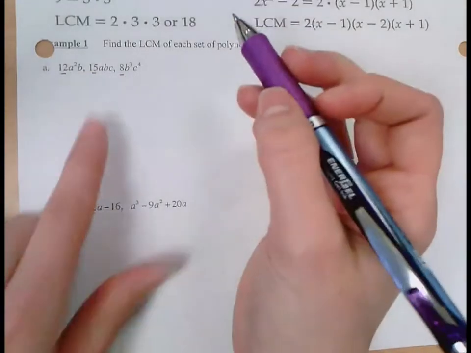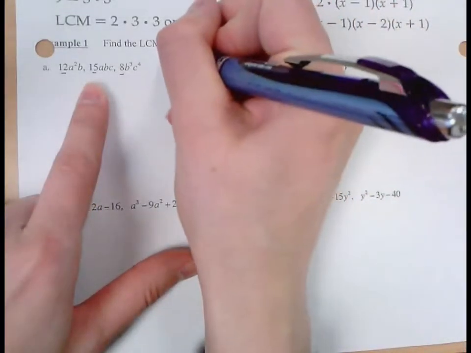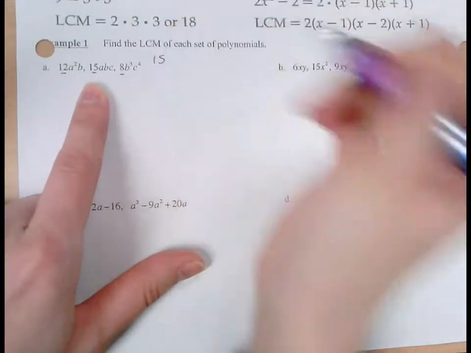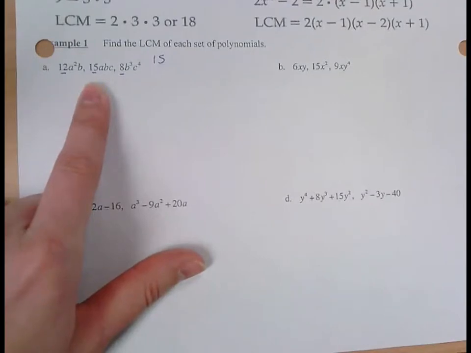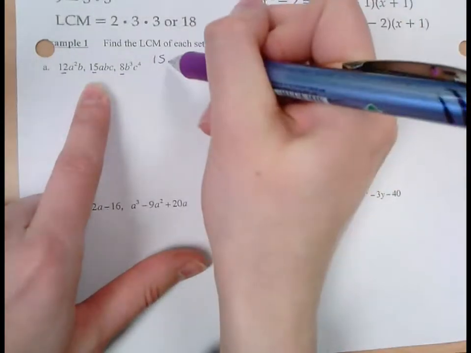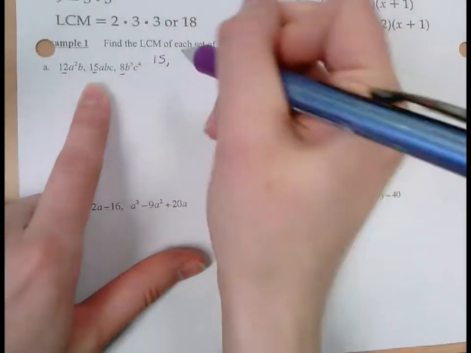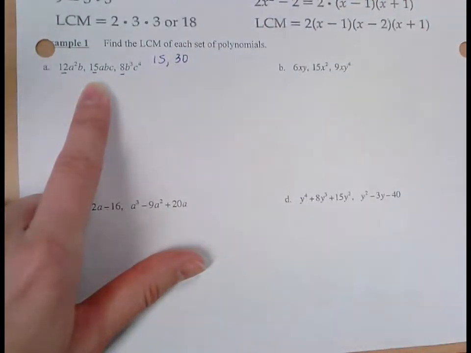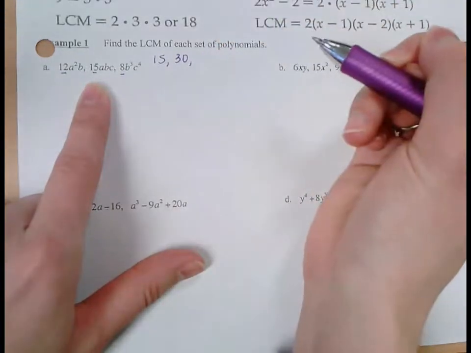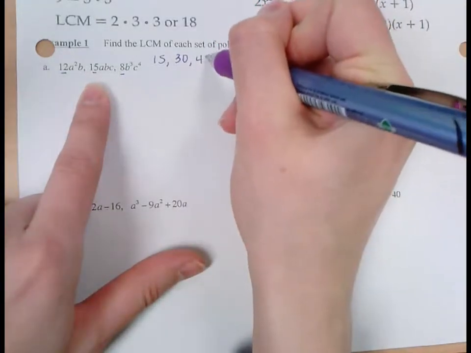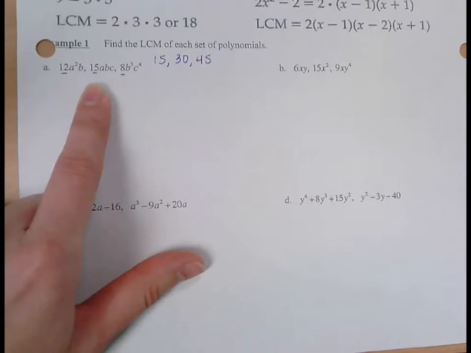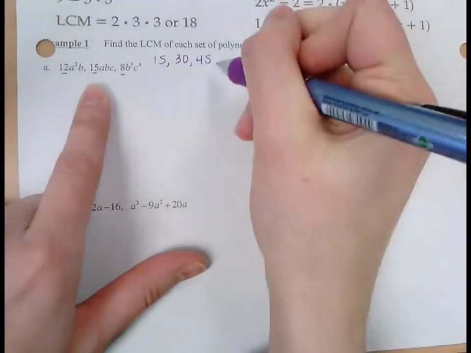So for example, if I start with 15, 15 times 1 is 15, but I know 12 and 8 do not go into 15. So then if I do 15 times 2, that's 30. Do 12 and 8 go into 30? No. If I do 15 times 3, 45. 12 and 8 don't go into 45.